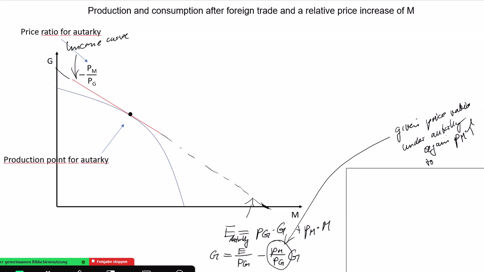To PM prime, again, larger than PM. So this is the optimal point, the efficient point under autarky, this one. What happens if PM is increasing?